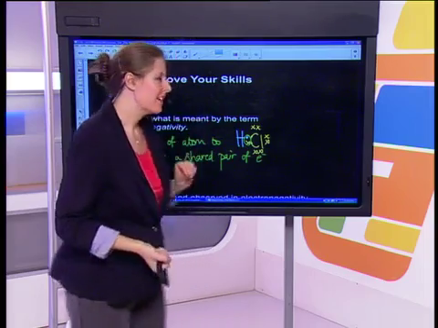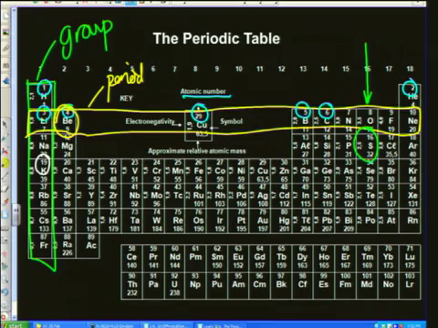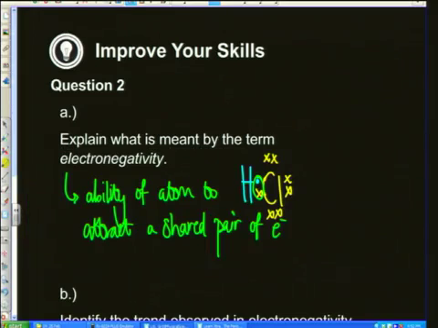And we have electronegativity given to us on the periodic table. There it is here. It's given to you as a number on the periodic table. And you can go and look. Hydrogen has an electronegativity of 2.1. Chlorine has an electronegativity of 3. And you can go read off those numbers and tell me who wins this battle.